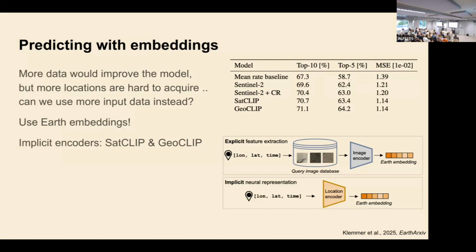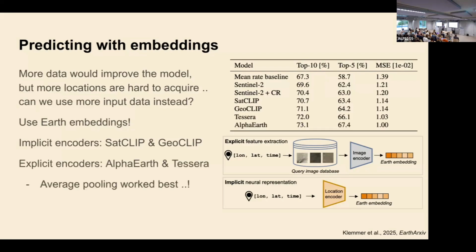We found that already implicit models outperformed the model based on Sentinel-2 data, so using SatCLIP and GeoCLIP. And the explicit models, AlphaEarth and Tessera, significantly improved the performance.